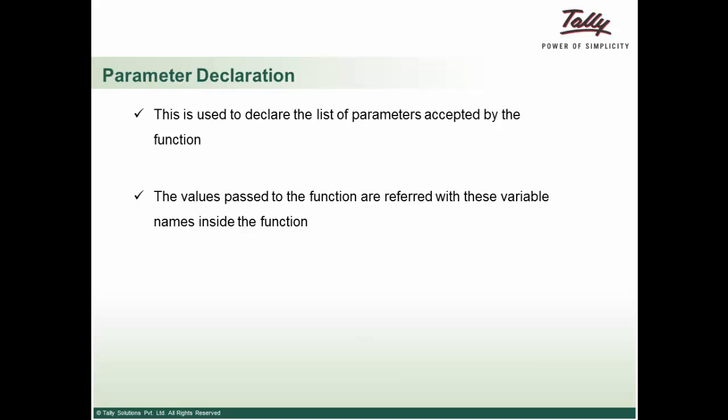As we know, variables are the only free elements within TDL that can pass value from one element to another element. So any values that you want from the user to be passed to the function will happen through variables. So parameters will take the variable names, which means that these variables will be carrying values provided by the user.